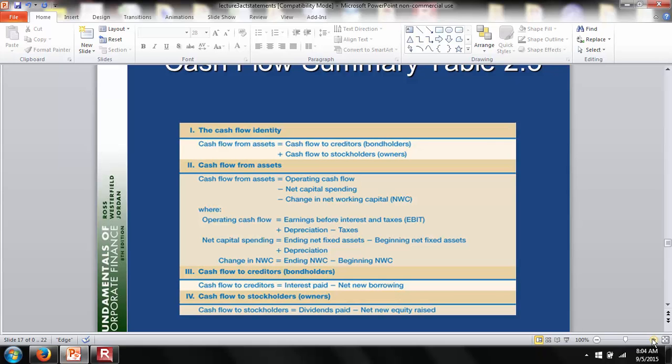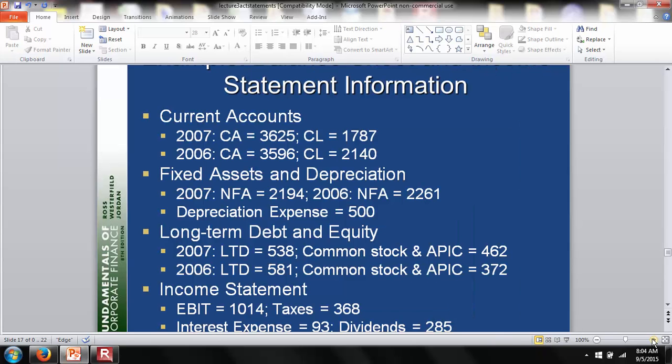How do we define net capital spending? How do we define changes in net working capital? And how do we find out the cash flow to creditors and the cash flow to the stockholders? So like I told you again, there's a very high chance you get a few questions in the exam and so on. Okay. So let's look at this firm.